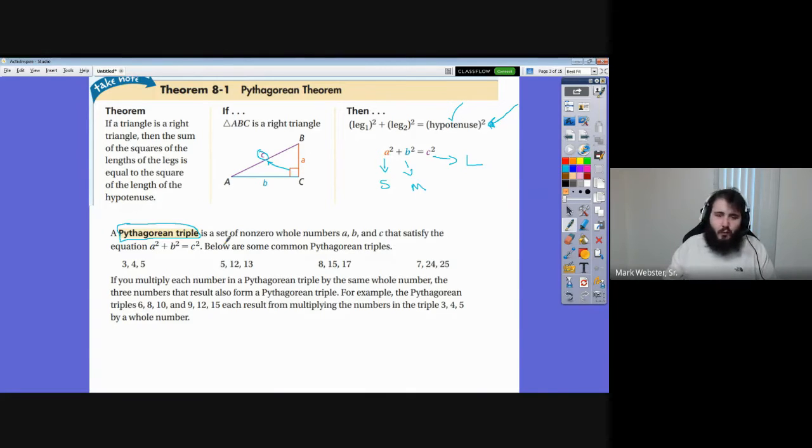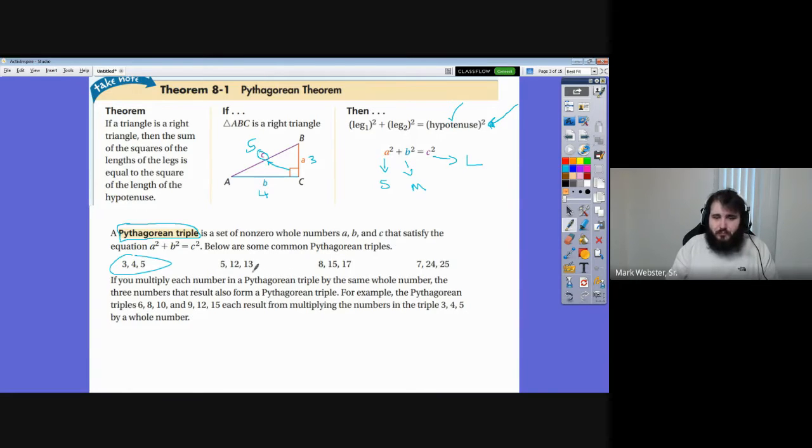To say it another way, if your sides line up to be a Pythagorean triple, like if you've got 3, 4, 5 like that, then if you plug those numbers into the Pythagorean theorem, you get a true statement, which means that these are right triangles.